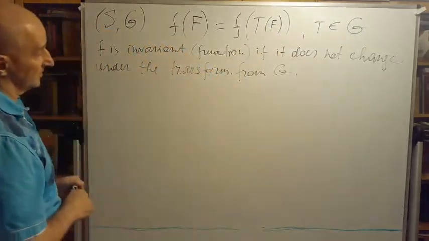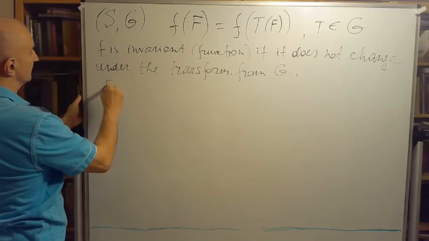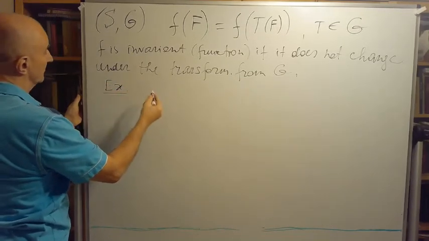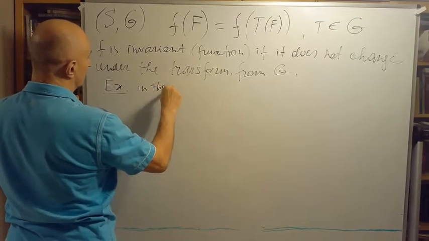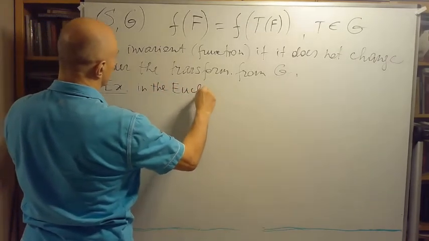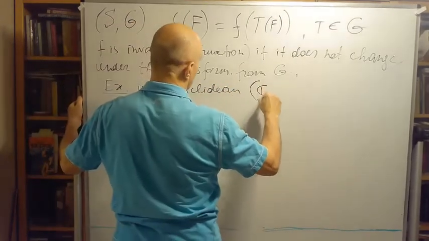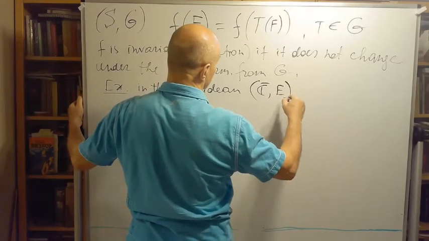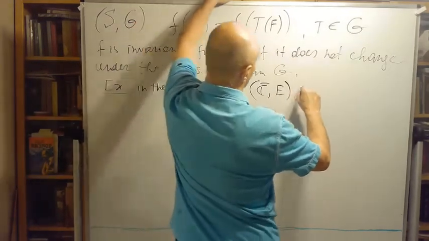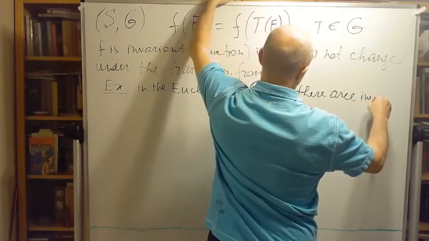Example. The most interesting thing is an example. For example, in Euclidean geometry, the complex plane and the group of Euclidean transformations, there are invariants.